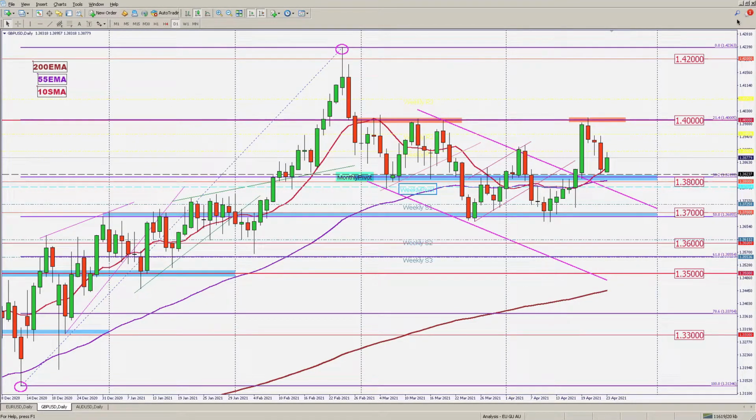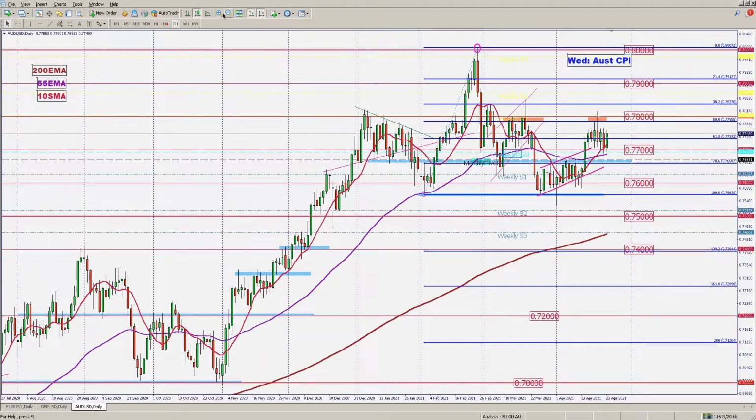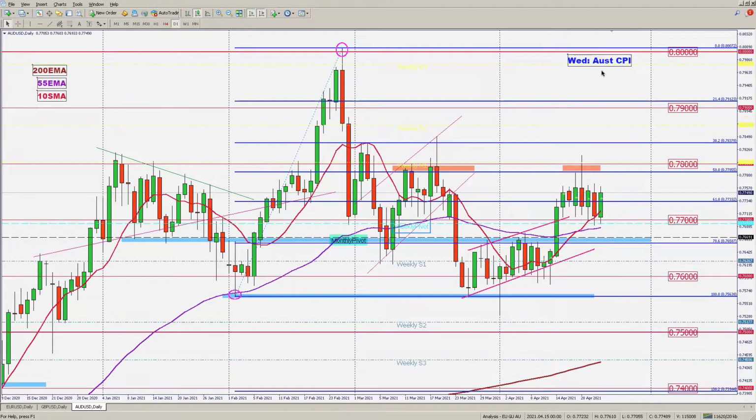All right, let's move on to the Aussie dollar. This week for the Aussie dollar, there's only the CPI figure on Wednesday. It did attempt to climb higher to hit the 0.7800 round figure and a resistance zone with the 50 fib retracement.